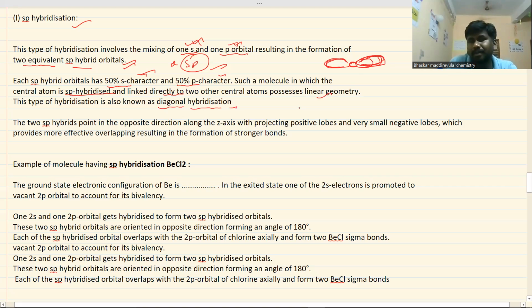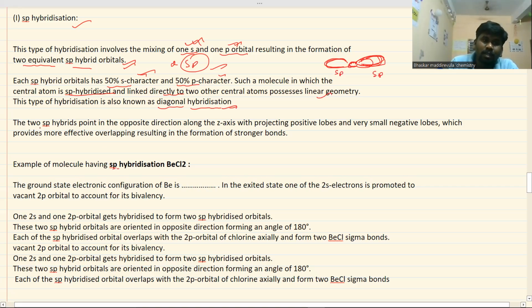So this sp hybridization we can also call diagonal hybridization. Around the central atom, these sp orbitals orient in the linear way.